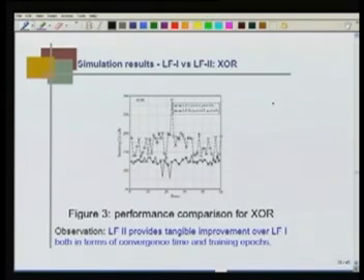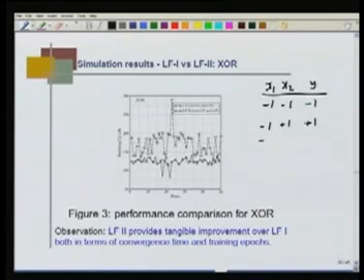XOR function, I have minus 1, minus 1 is minus 1, minus 1 plus 1 is plus 1. So, this is my x1, this is my x2, this is my y, and plus 1 minus 1 is plus 1, plus 1 plus 1 is minus 1. This is my XOR function.